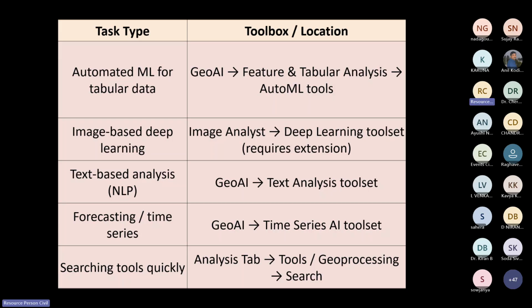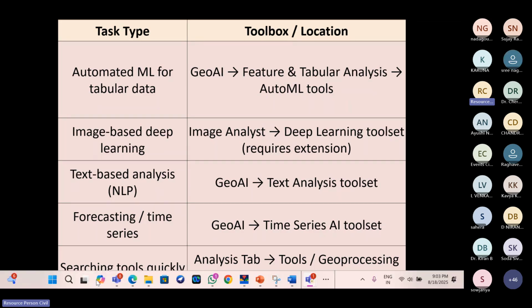Image-based deep learning, the Image Analyst toolbar, contains these two tasks. NLP, text-based analysis: if you want to do any text-based analysis, it is in GeoAI. The tools are available, so get them, work on them, and you will get the results. Then you can feel the experience. So these are the different tasks.